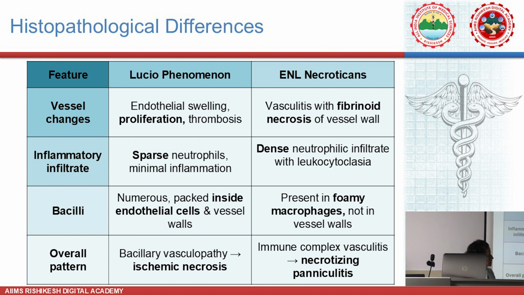It's not like an inflammatory vasculitis of other diseases, but there is vasculitis in this condition, which is lepromatous leprosy with necroticans. And Lucio phenomenon is like a phenomenon occurring in an underlying case of lepromatous leprosy. So it is one step ahead, maybe, or something in parallel to the kind of response which is seen. And obviously the treatment will not have any difference, right?